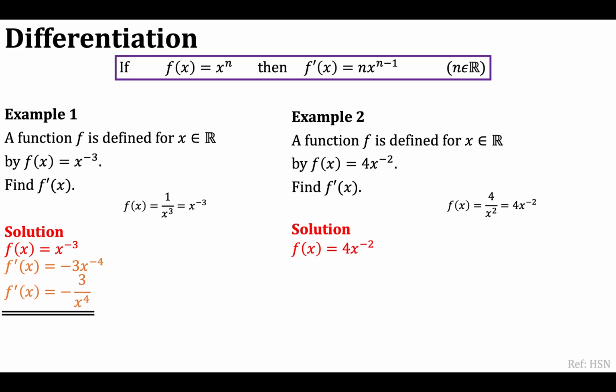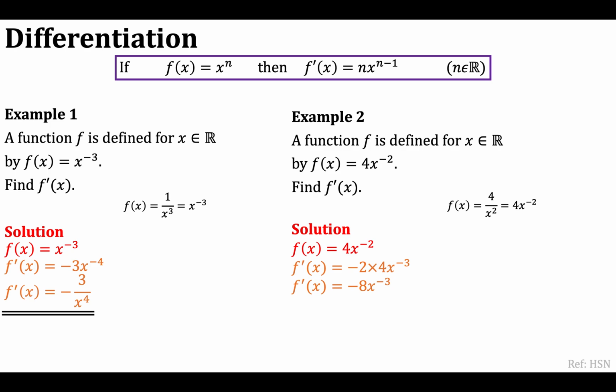So f of x is 4x to the negative 2, as we've said. We need to multiply our negative 2 by 4 to give us negative 8. And then x to the negative 2, we need to subtract 1 from the power to give us x to the negative 3. And that will give us negative 8x to the negative 3.